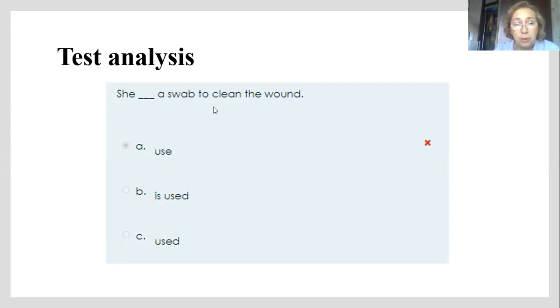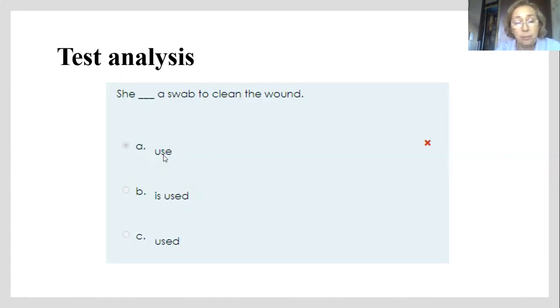And does she do it herself, or does anyone do it with her? She does it herself, right? That is why we can't use is used, which is passive.